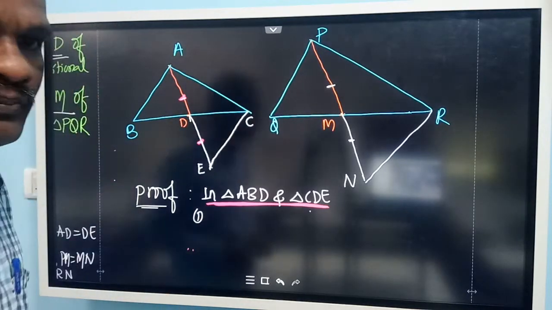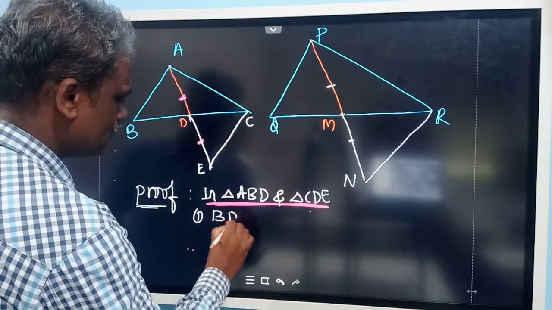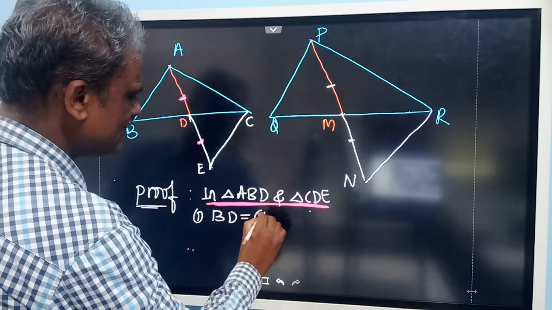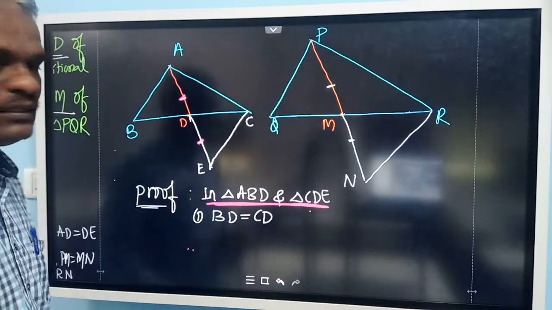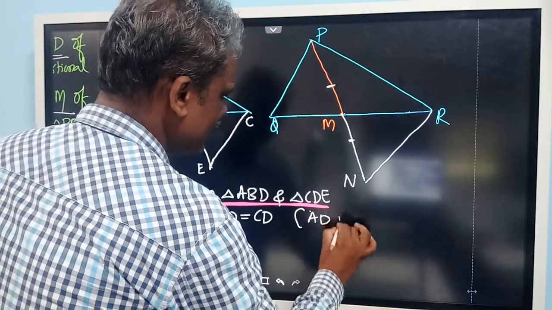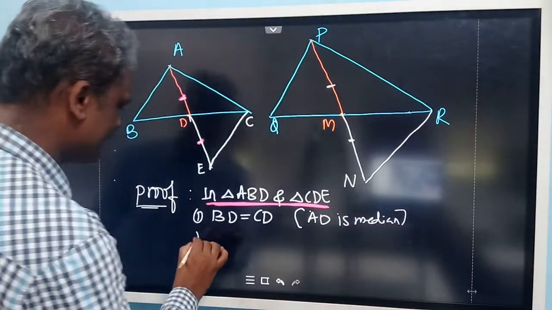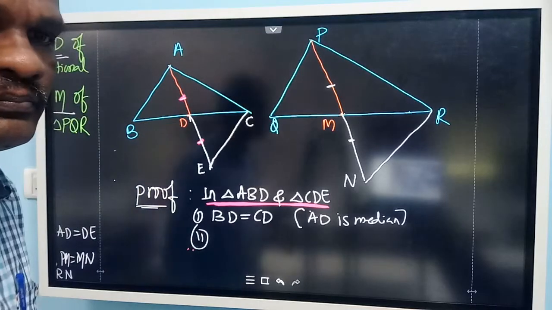First one: BD equal to CD. What is the reason? Median. So BD is equal to CD because AD is median, D is the midpoint. Okay, second point. Now tell me what is the second point.